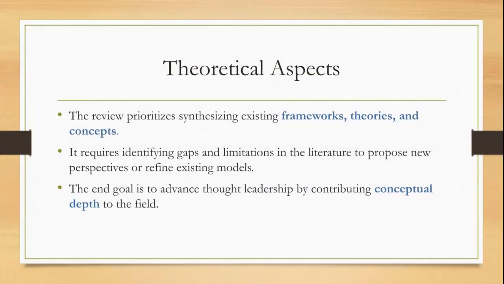A theoretical one, what we're really working on is synthesizing something new based off of existing frameworks, theories, and concepts. So this requires that you know how to identify gaps, understand the limitations in the literature, to potentially do one of the two.